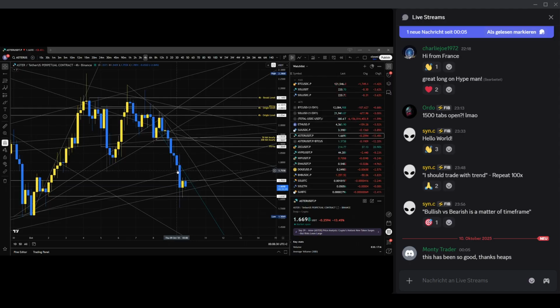That would have been a good spot to add if that structure had formed to bounce back up, but it didn't.